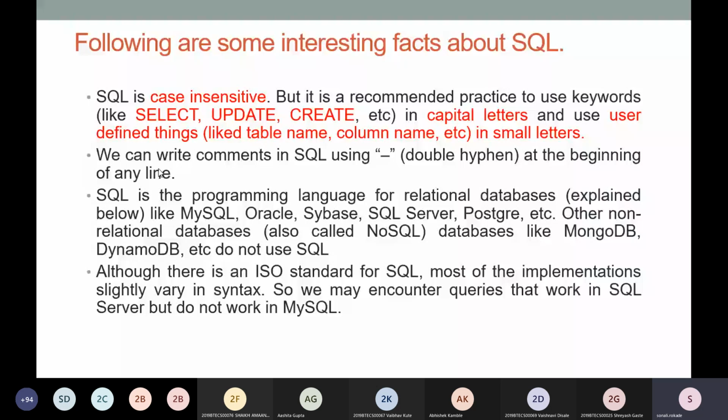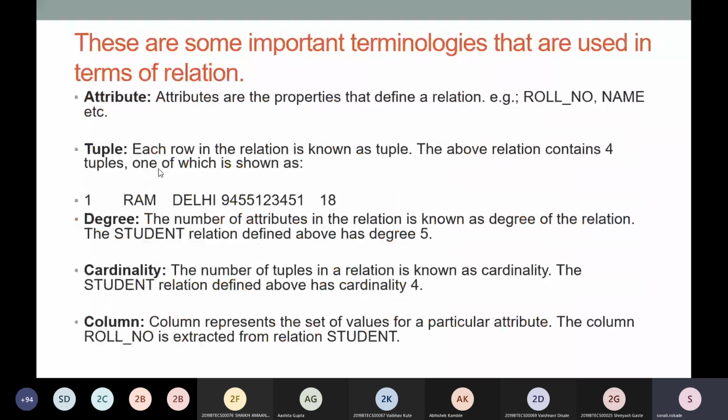Another important thing is the terminology. Already we have seen some of these statements, but now we are going to move on with proper definitions of the terminologies. Attributes: attributes are the properties that define a relation. You already know that column names, simply put, are called attributes.